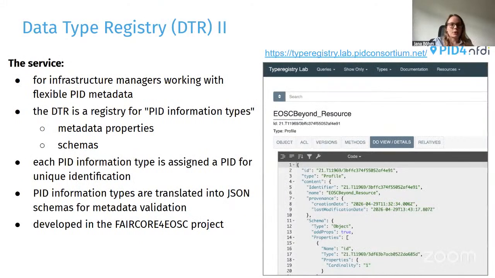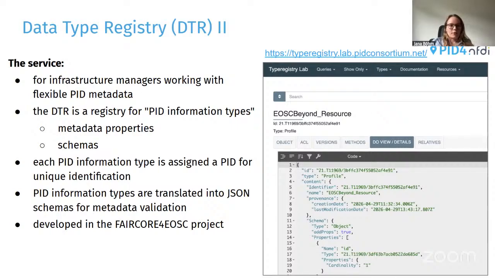So, more details about the service. The service aims at infrastructure managers working with flexible PID metadata. The DTR is a registry for PID information types. This means you can either register simple metadata properties. For example, you can say an author has a first name and a last name, and each of those is a string. Then you can define additional properties and stack those properties together to create the metadata schema.